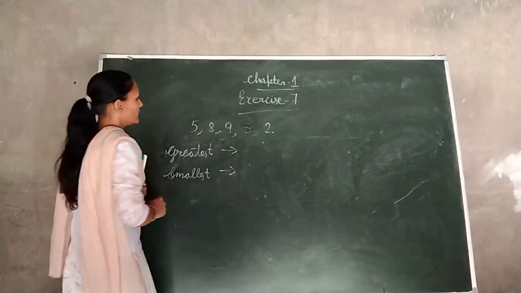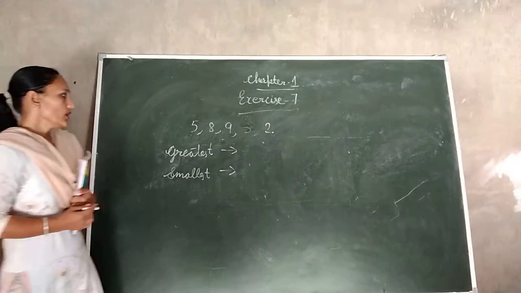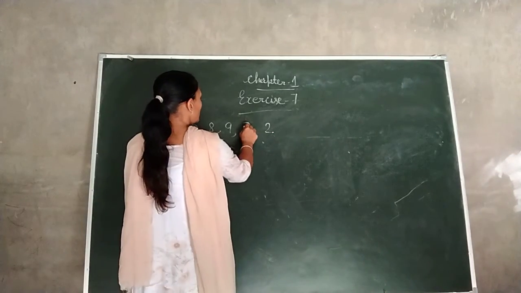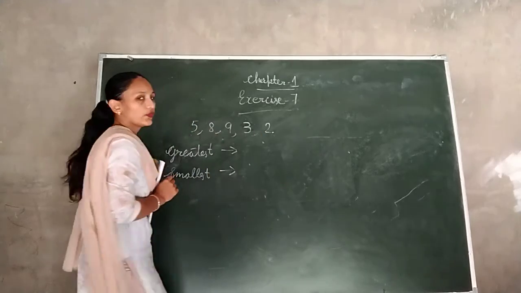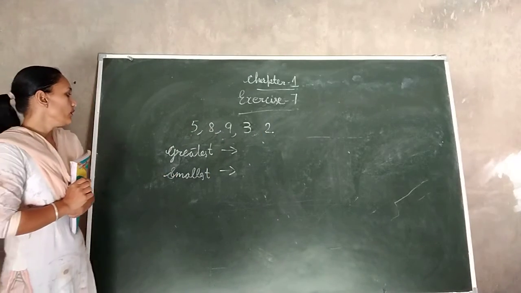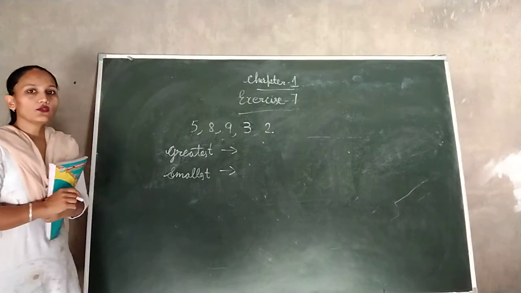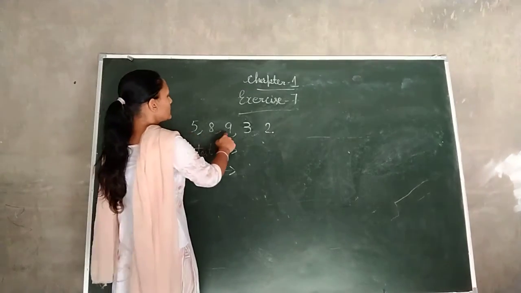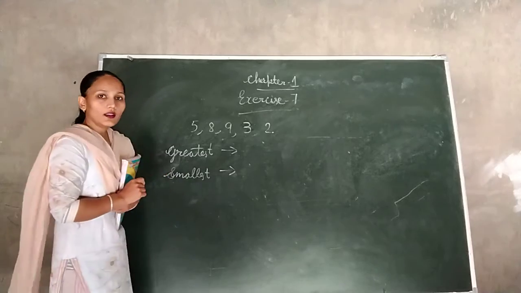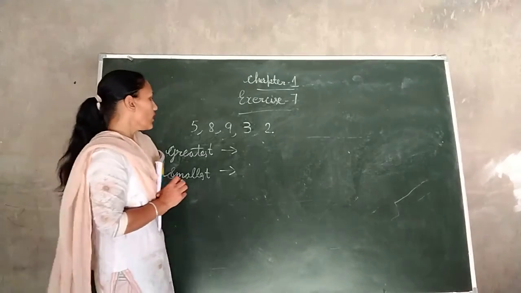If these digits don't include 0, then when we have to form the greatest number, we will arrange all these digits in descending order.